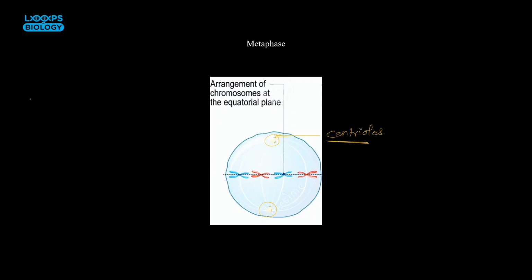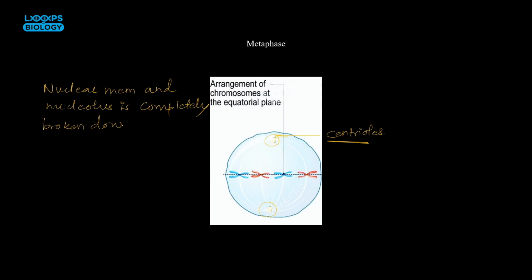Nuclear membrane is not seen, so nuclear membrane and nucleolus are completely broken down and disappeared.